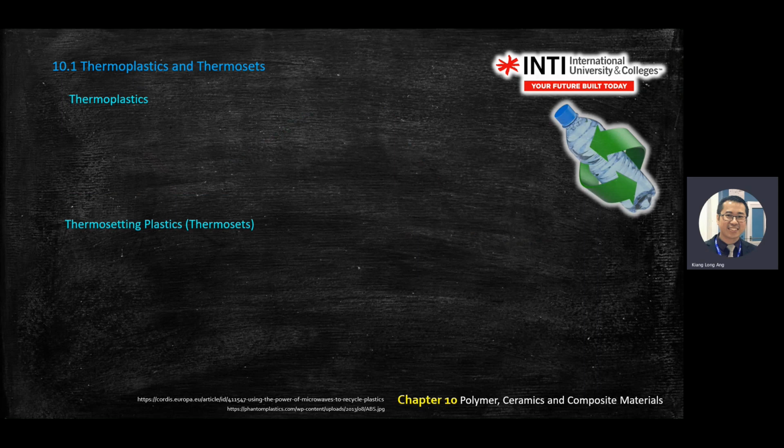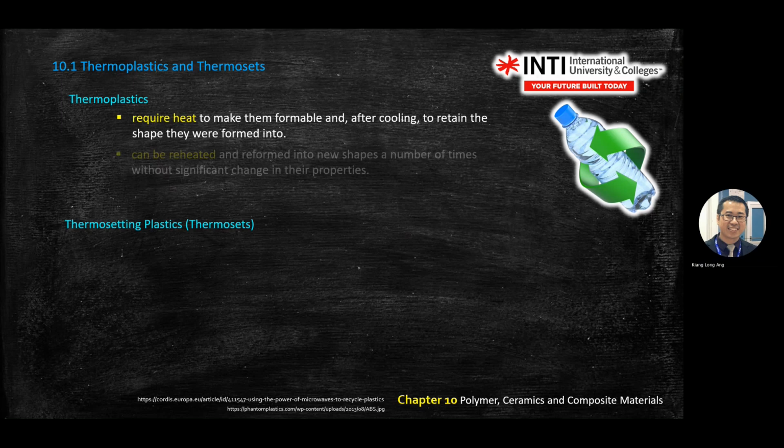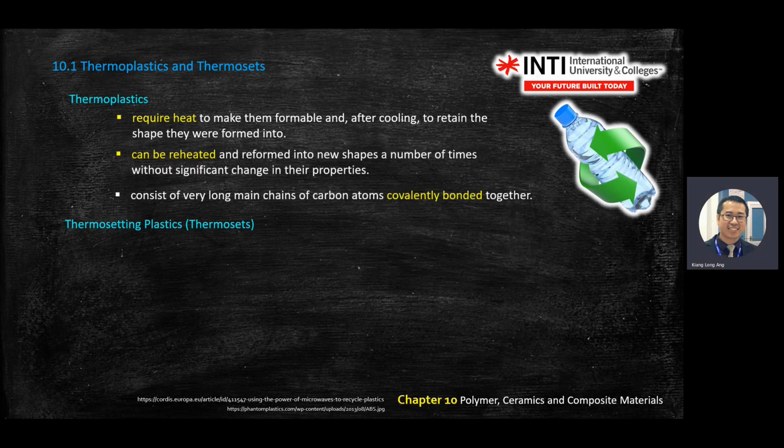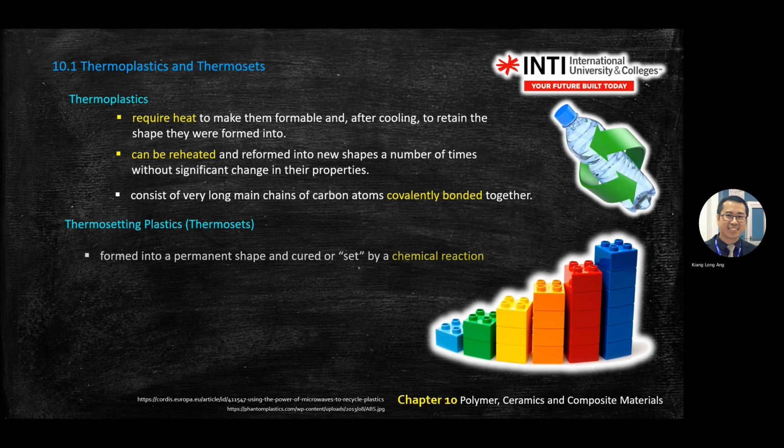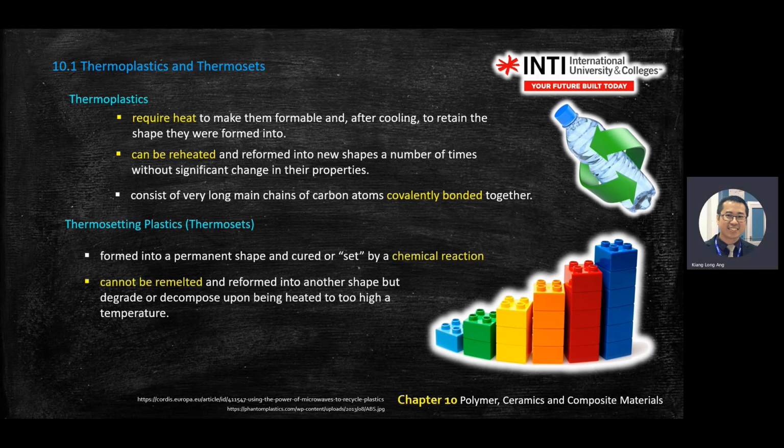So let's go into thermoplastics and thermosets. This is plastics. I give you all the information and I highlight the important ones. Thermoplastics need heat to form. If you need a new shape, you just supply more energy and reheat again.